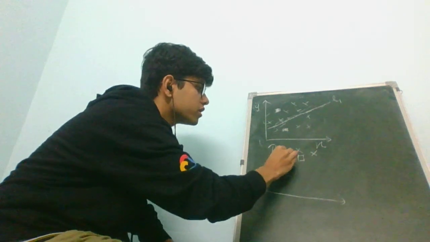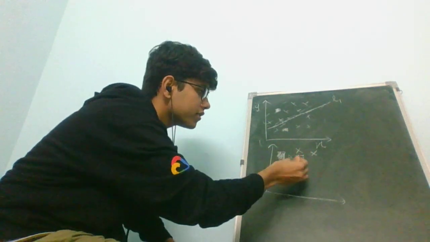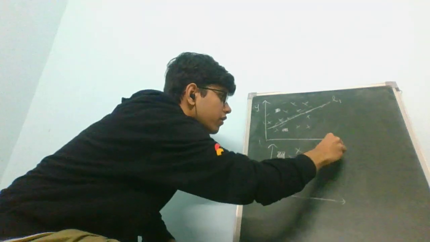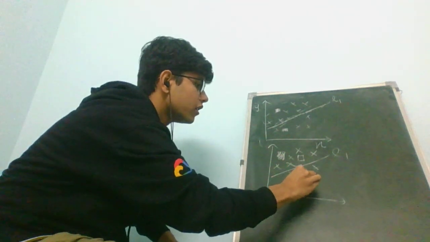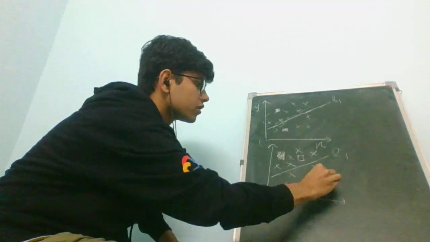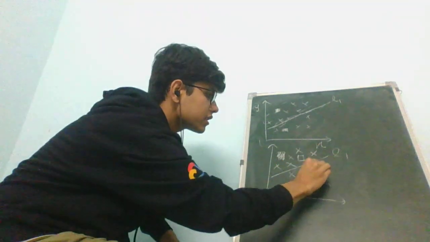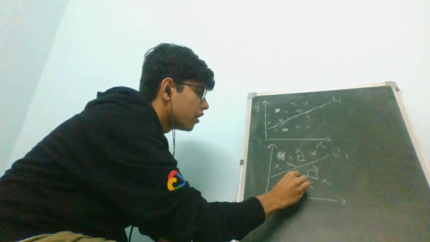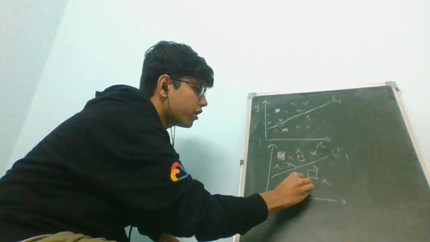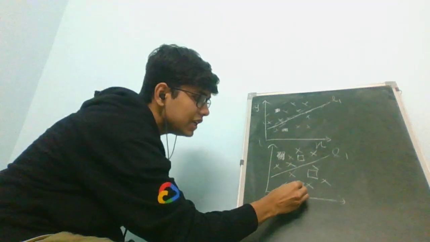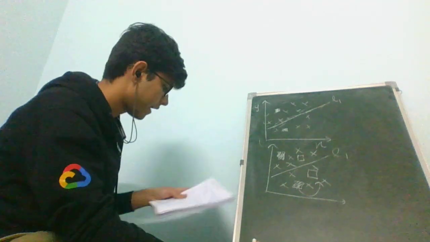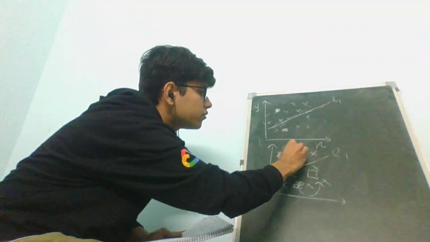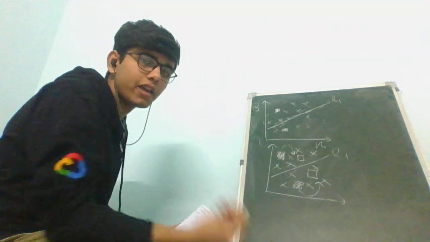Our old centroid was here, and we had a line over this. And let's say the new center of mass for this cluster is right over here. Our initial centroid was right here. So we move these old centroids to the new position, and we do this for each and every cluster that we have created.